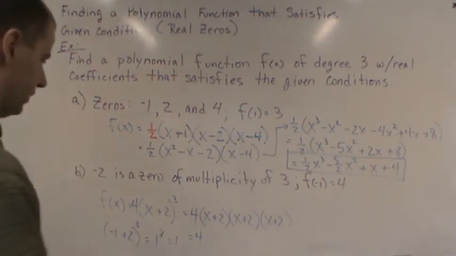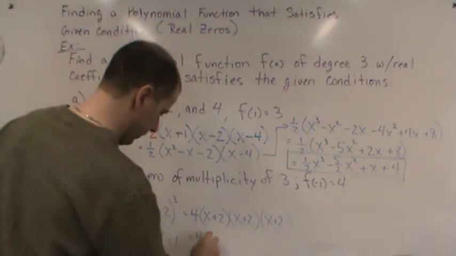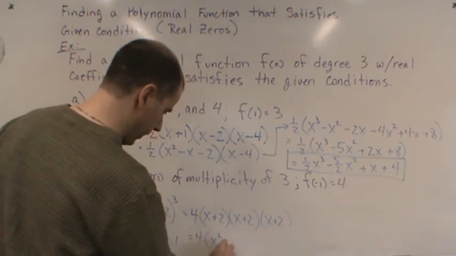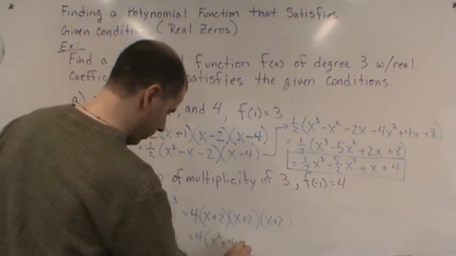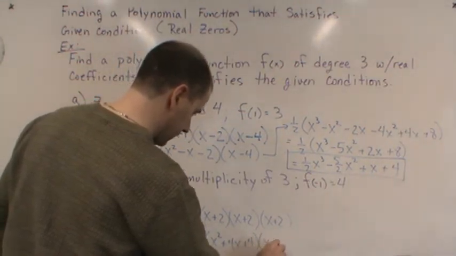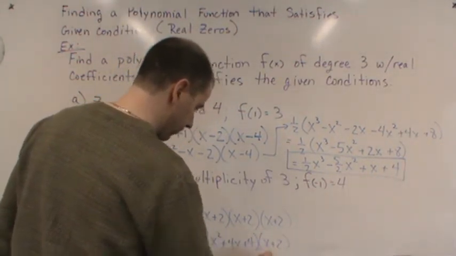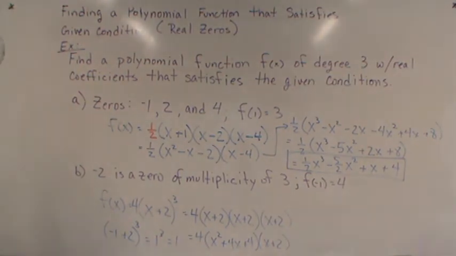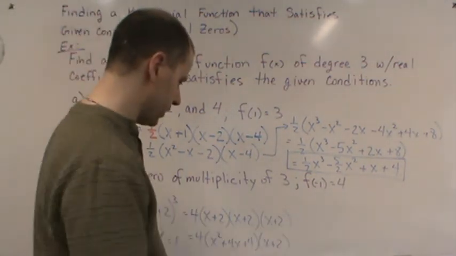That's going to give us x squared plus 4x plus 4 times x plus 2, right? And now what we're going to do is we're going to expand it out again.